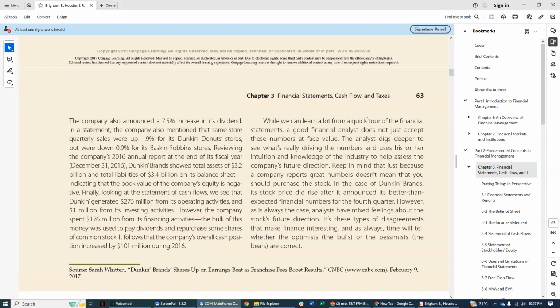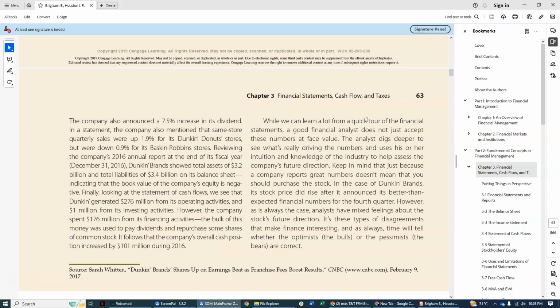Then it follows that the company's overall cash position increased by 101. How did it happen? Again, it increased from operating activities and also from the selling of some long-term properties. So that's 101. The question is, is that good or not?